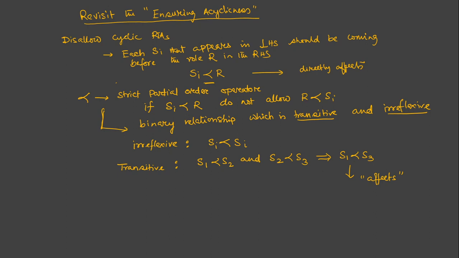Now, by defining this strict partial order, we can define the regularity of an RBox. So basically, we will try to find out or ensure to have an RBox where we do not have any violation of this strict partial order.